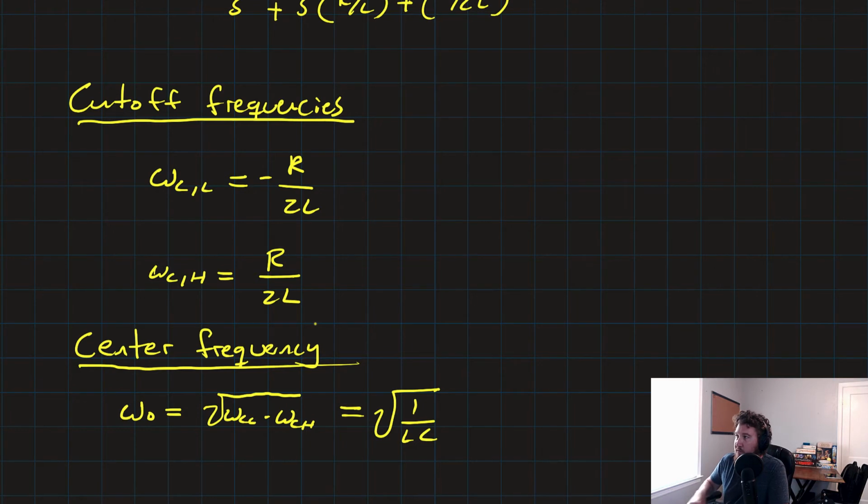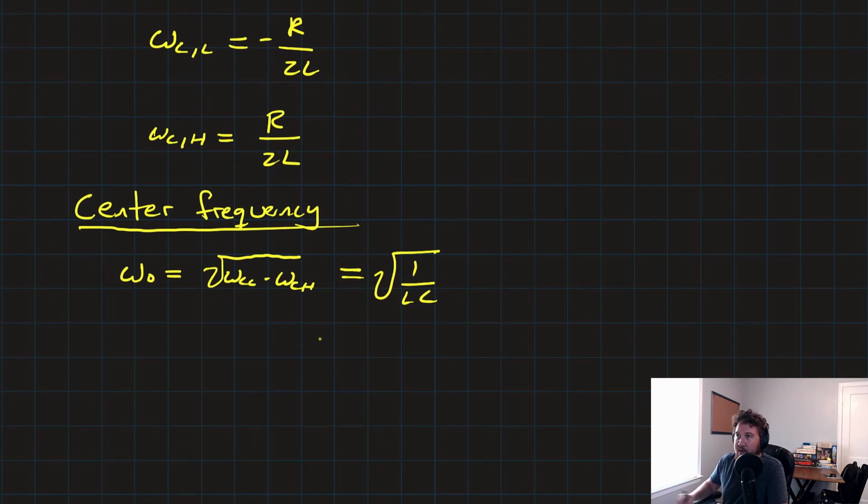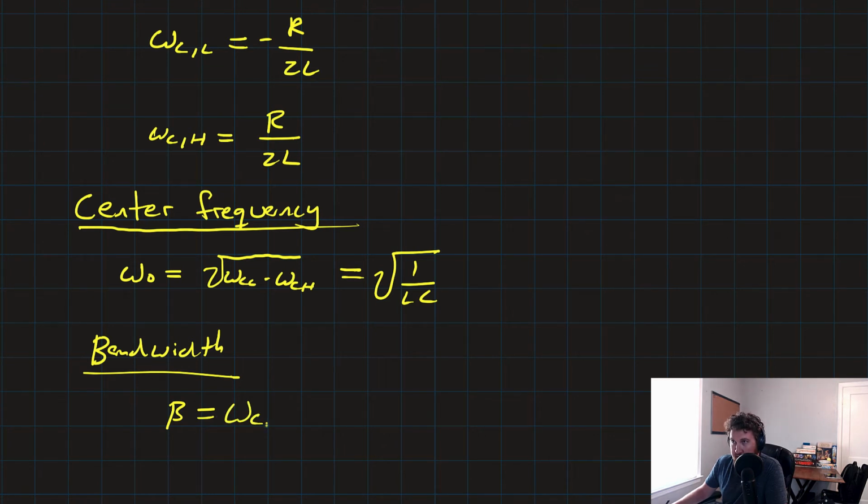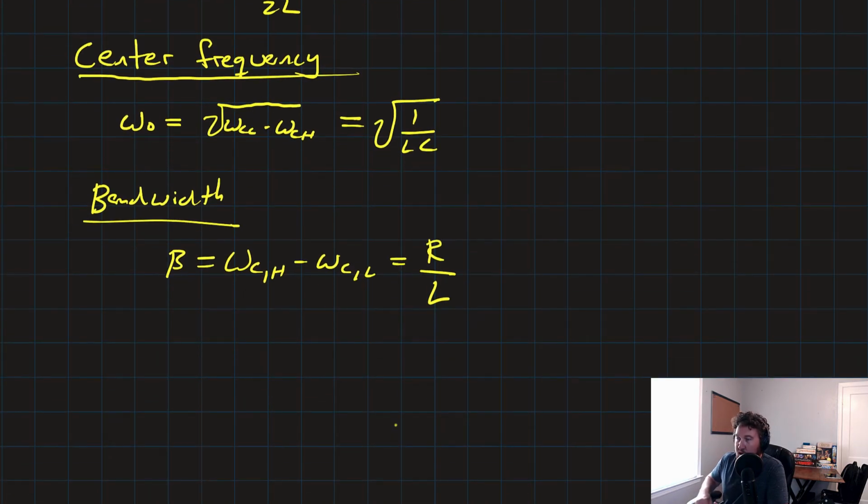Now remember, before we talked about bandwidth and quality factor. Bandwidth is just the width of the pass band, denoted with beta, and it's just the difference, omega C high minus omega C low, or if you want to calculate it directly, you can do it with just R over L. And then finally, that quality factor Q is equal to omega naught, the center frequency, over beta.